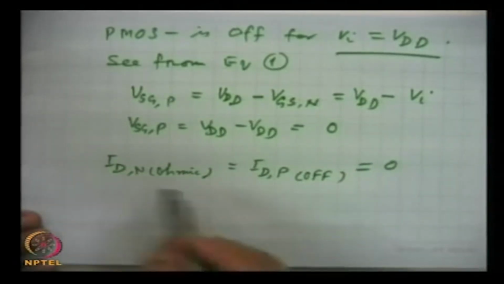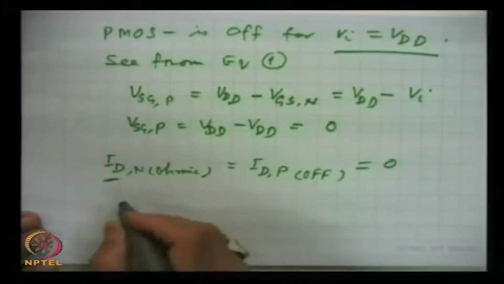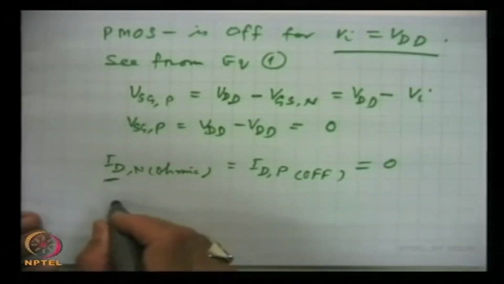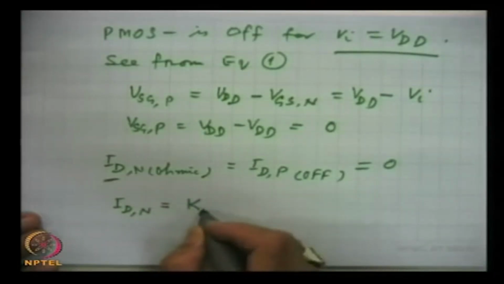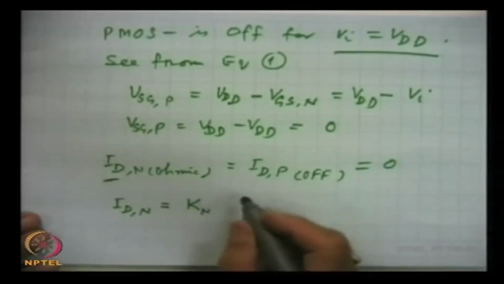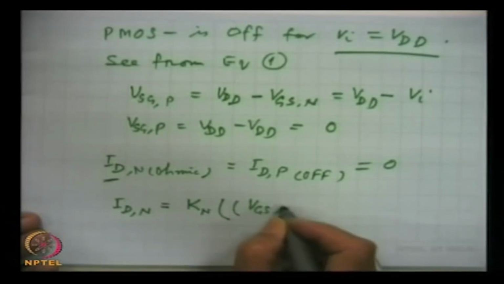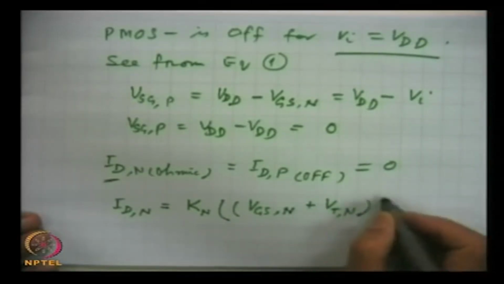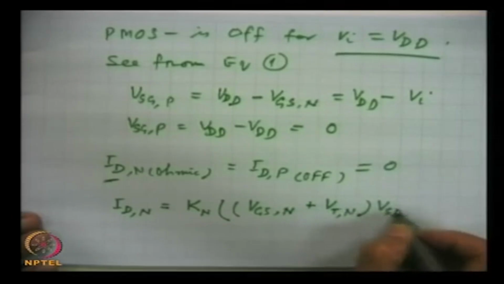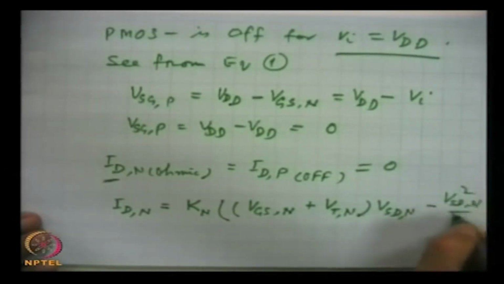And once we write the equation for the drain current for the NMOS, as we did in the previous case, here IDN, this is equal to Kn, VGSN plus VTN, VSDN minus VSDN square by 2.